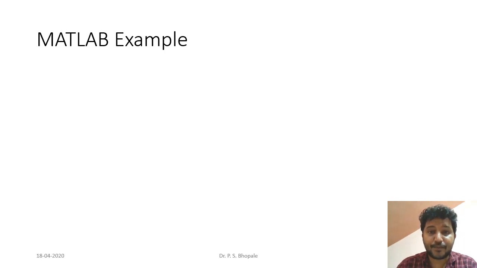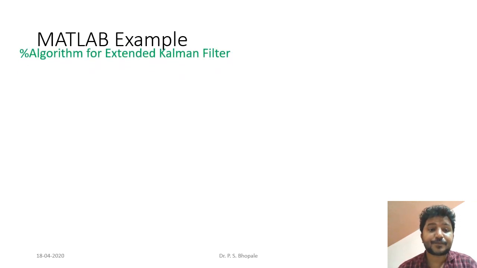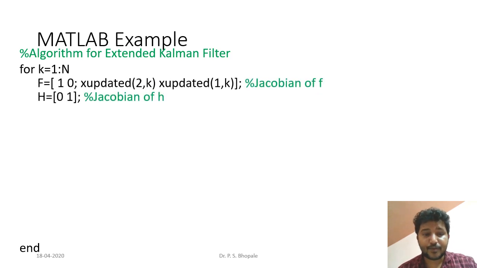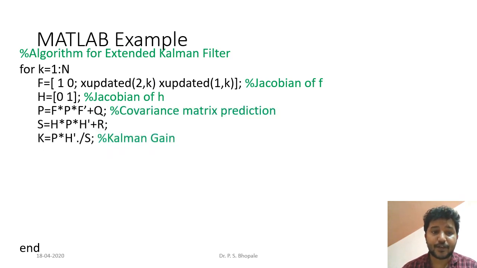Now in continuation with the program, we'll implement the extended Kalman filter algorithm, where k is varied from 1 to n, and inside this for loop we will implement the actual algorithm of the extended Kalman filter, where the Jacobian matrix is used. Linearized matrices f and h are used to calculate the P matrices. Then predicted values are updated using the Kalman gain. So the Jacobian matrix f is calculated here, then the h matrix is calculated, then the P matrix is calculated using these Jacobian matrices f and h.